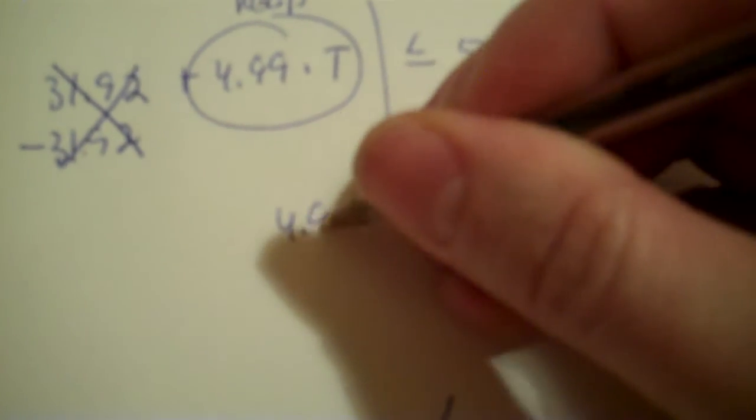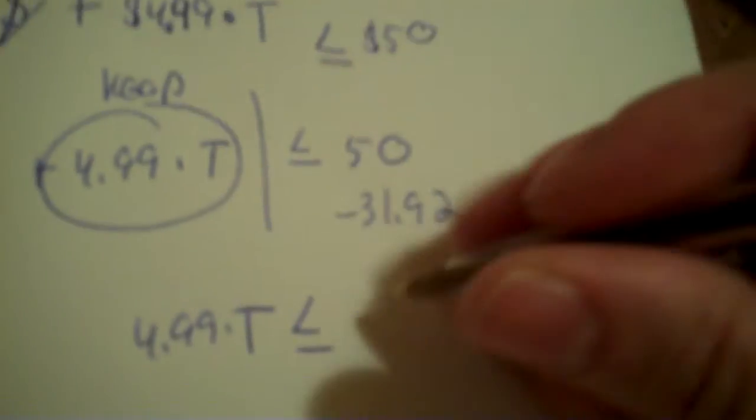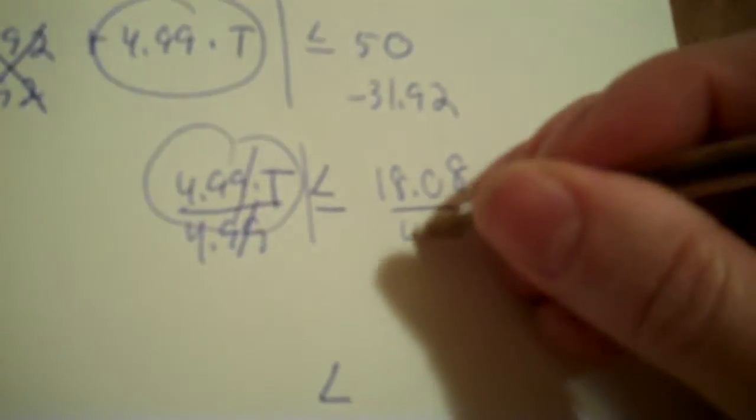So I have 4.99 times T, and then I take 50, subtract $31.92, $18.08. Okay, now it's time to divide, but I'm dividing both sides by a positive, so the sign will stay the same. So you get T.